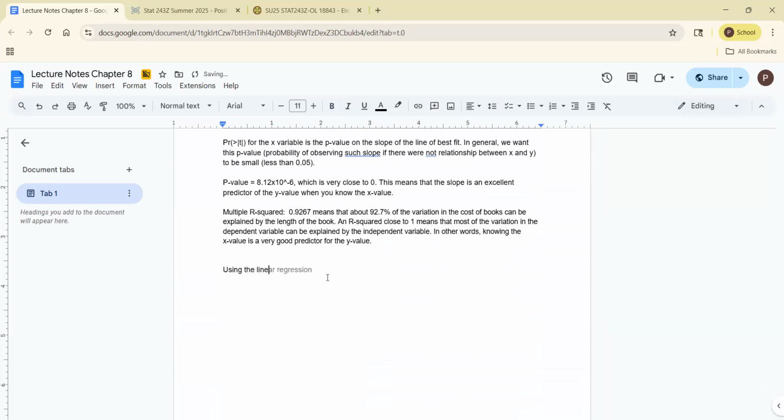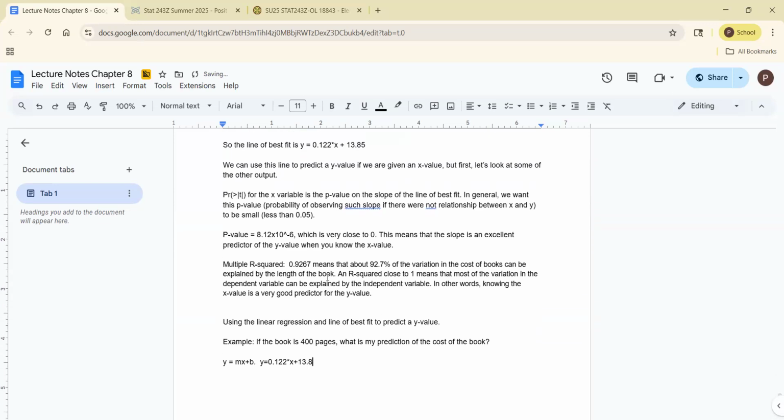Okay. So using the linear regression and line of best fit to predict a y value. Here's our example. If the book is 400 pages, what is my prediction of the cost of the book? Well, all I have to do is say y equals mx plus b, and I know that m was 0.122 and b was 13.85.